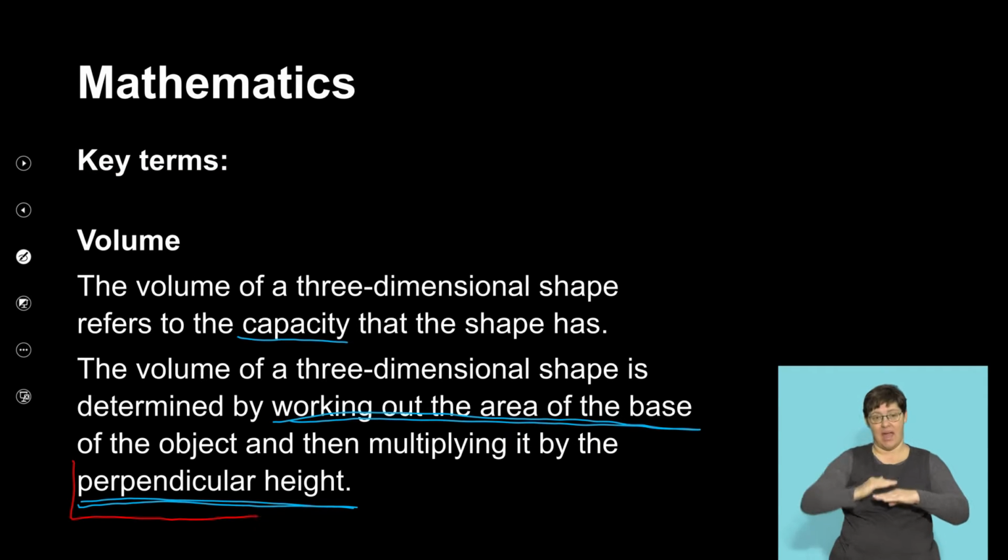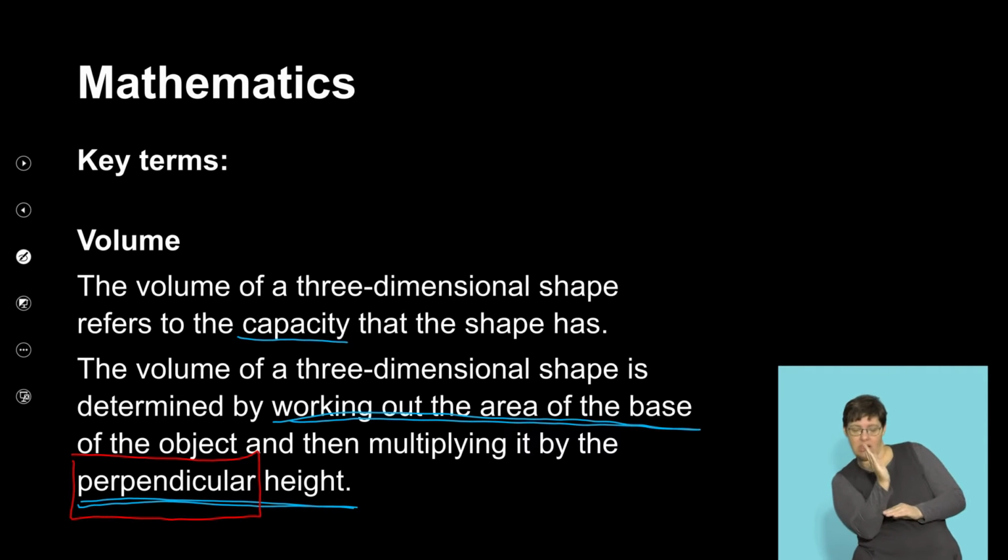I'm going to put a red box around perpendicular because, just a reminder, with some three-dimensional shapes, I have a slant height. My slant height is not always my perpendicular height. So please make sure when you are calculating volume that this calculation is the area of the base times the perpendicular height.